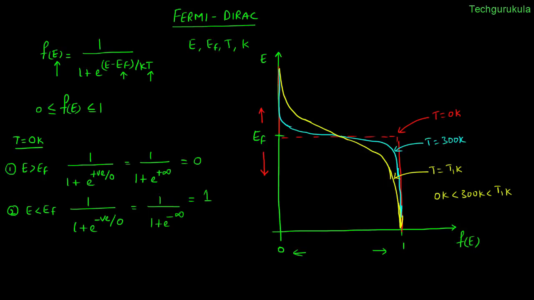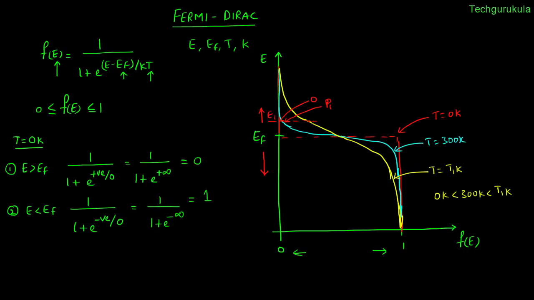Now let us see what happens to this Fermi-Dirac distribution function when temperature increases. I'm taking some energy level just above the Fermi energy level, let's say this is E1, at which, for T equals 0 Kelvin, we clearly know the probability of finding an electron is 0. For T equal to 300 Kelvin, the probability of finding an electron at that energy level is some finite value, let's say P1.